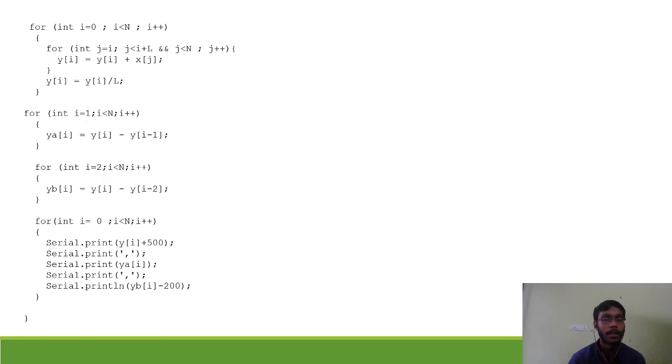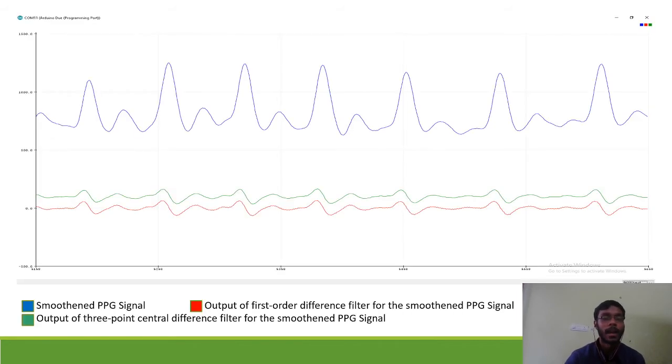After applying the moving average filter, we are applying the first order derivative filter on that smoothed out signal, and again we are applying the 3-point central difference filter on the smoothed out signal only, and we will compare both results. As you can see, the blue one is the smoothed PPG signal, the red one is the first order difference, and the green one is the 3-point central difference.